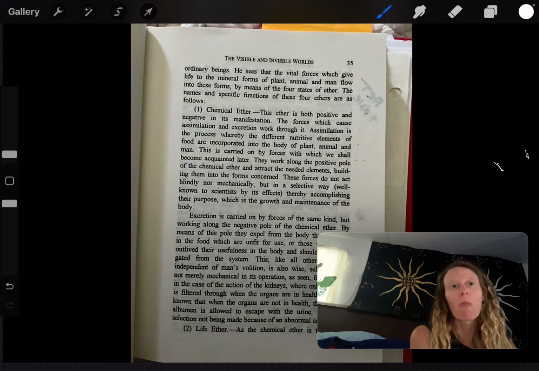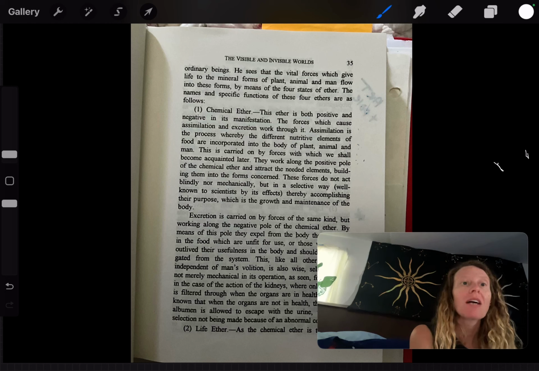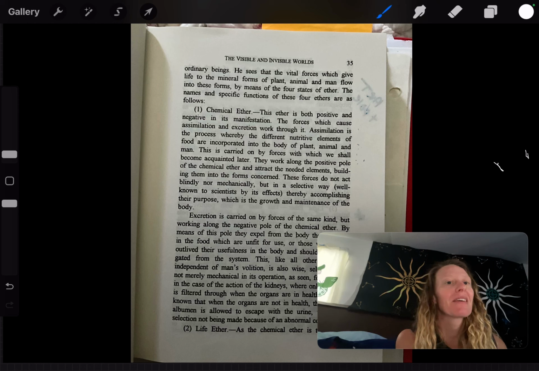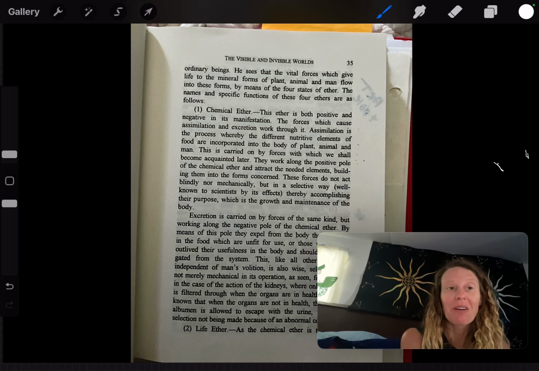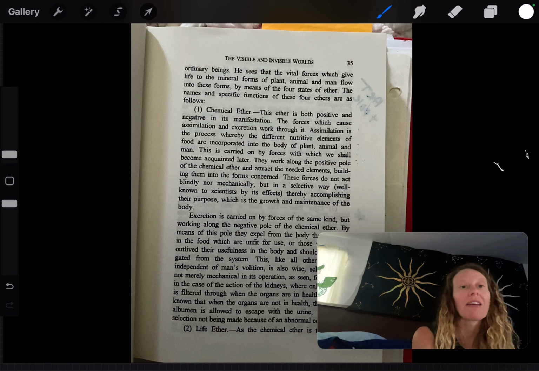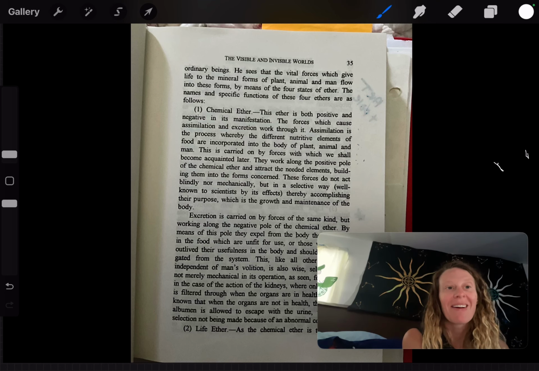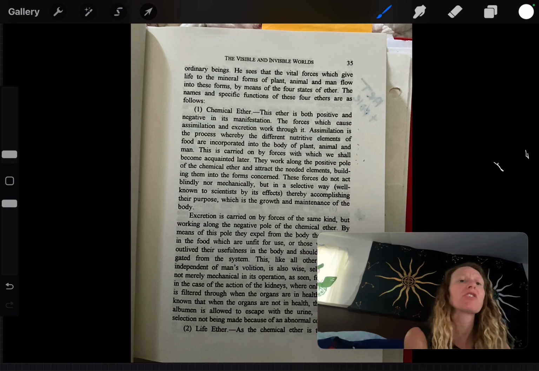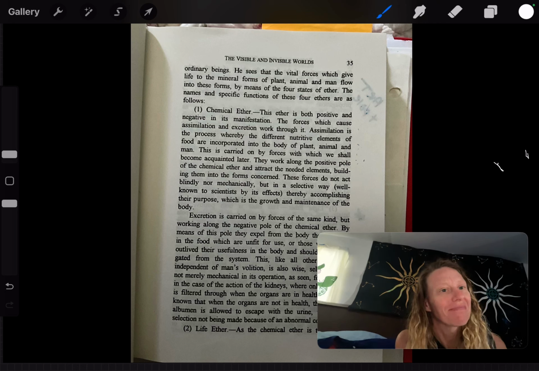This ether is both positive and negative in its manifestation, the chemical ether. The forces which cause assimilation and excretion work through it. Assimilation is the process whereby the different nutritive elements of food are incorporated into the body of plant, animal, and people. This is carried on by forces with which we shall become acquainted later.